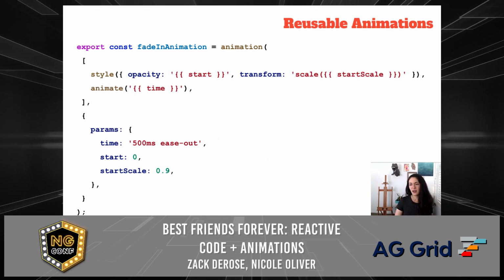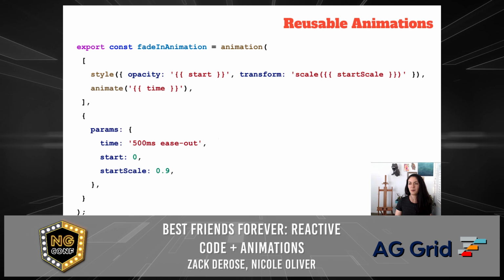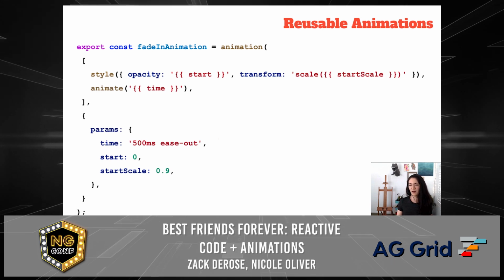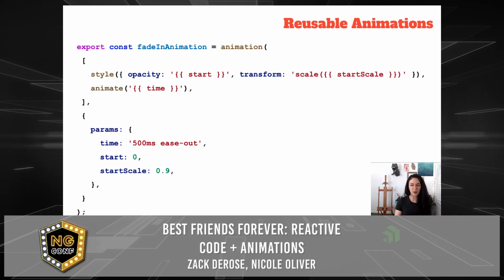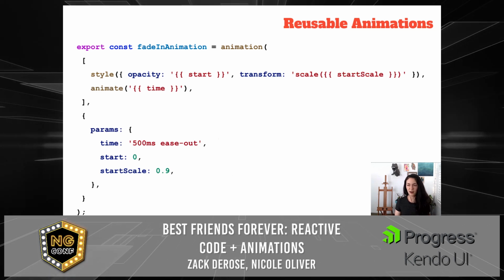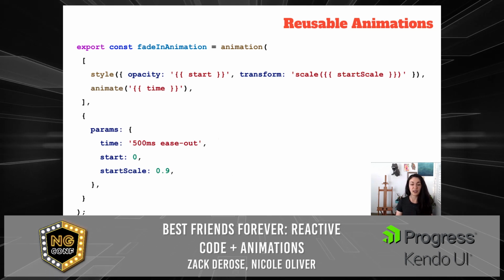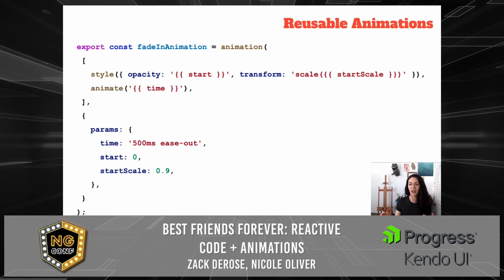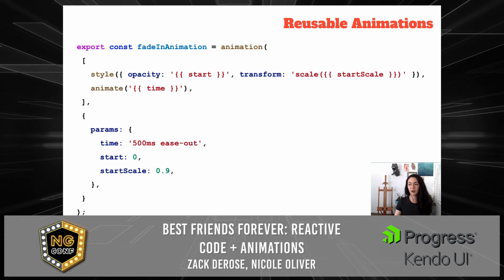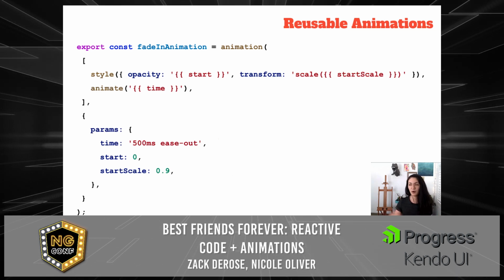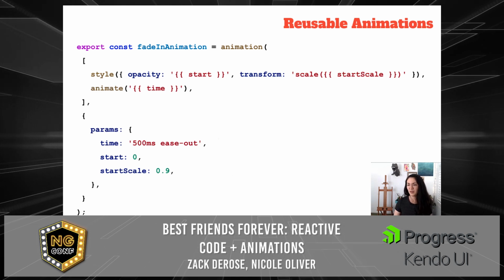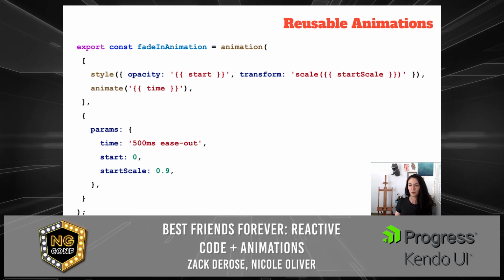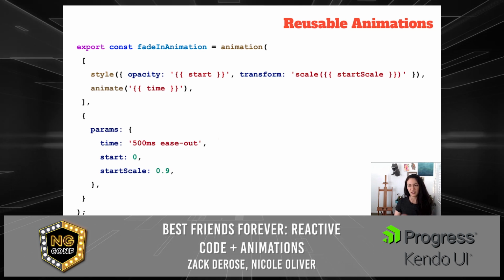So this is us defining the same thing, but in a constant. This would be in a file that's separate, maybe in another library. And NX makes it really easy to have a library of animations, just import them into any component that you have. In this case, we can also pass in some parameters to slightly adjust certain values when we want to use them.